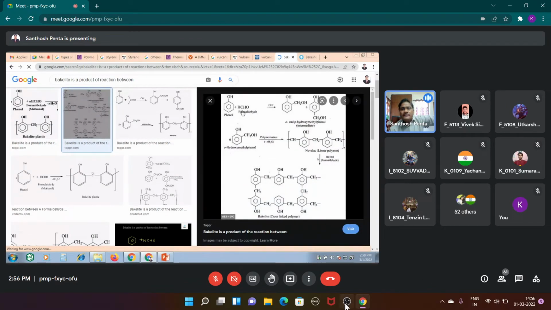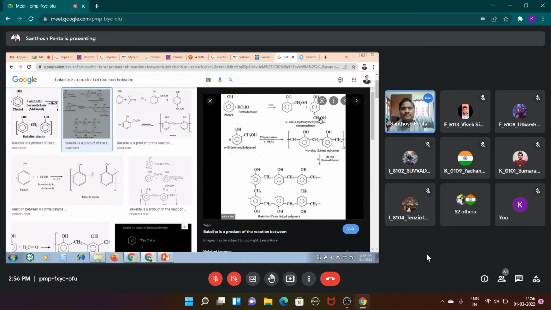Yes, see here, the reaction of phenol with formaldehyde is going to produce the ortho-hydroxymethyl phenol, then para-hydroxymethyl phenol. Then that ortho-hydroxymethyl phenol or para-hydroxymethyl phenol may undergo polymerization and that is going to produce the Novolac, which is a linear polymer. Then that Novolac may react with 1 mole of formaldehyde, then that is going to produce the Bakelite.